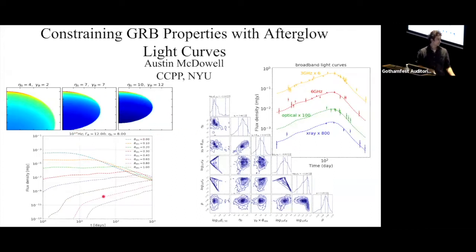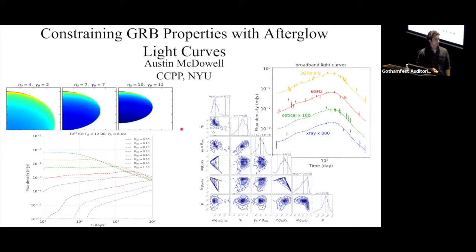So this is an example of that here. We have an afterglow light curve at 10 to the 17 hertz for a more jet-like outflow, and we can look at what it would look like at several different observer angles. These light curves we can create in a matter of milliseconds, so that allows us to do MCMC with a set of data.